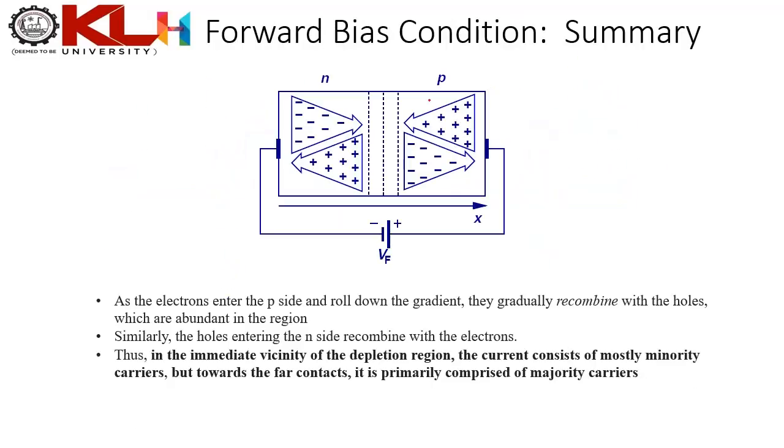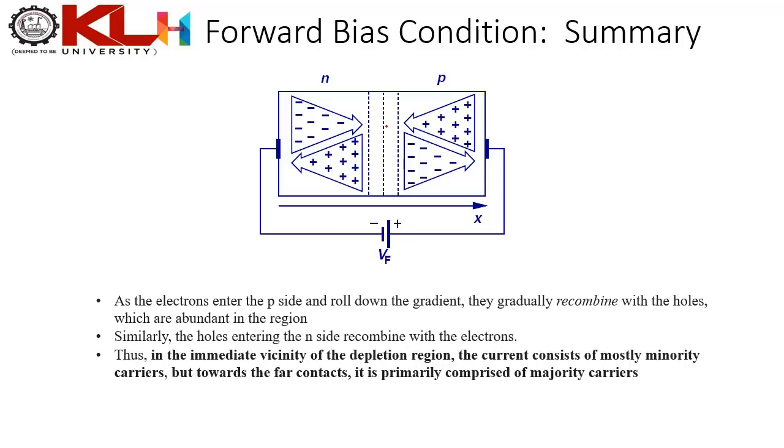At the interface, the electrons coming over from the n-type are more numerous, but as they move away from the interface towards the contact, the concentration gradually decreases. The same thing happens here. As the holes cross over into the n-side near the interface, they become minority carriers.